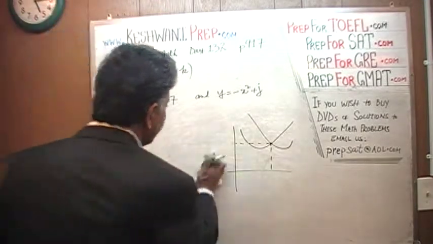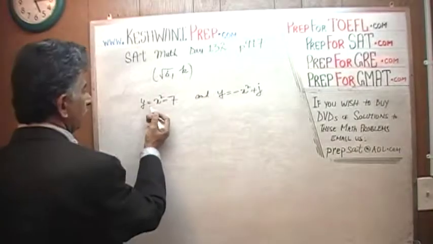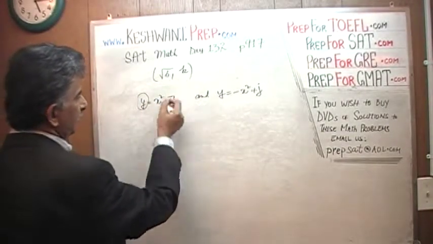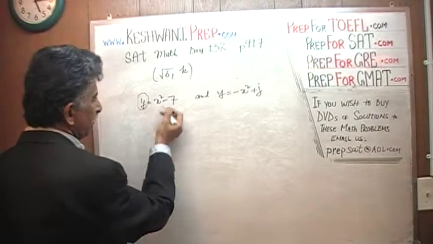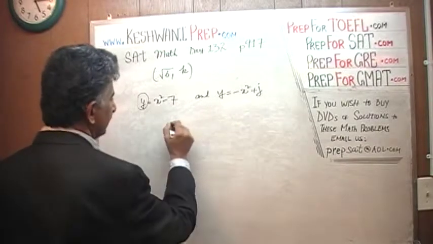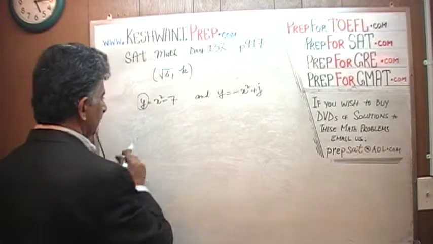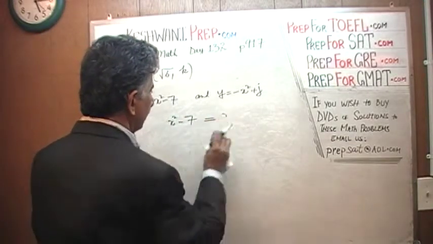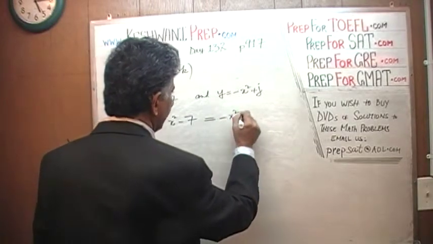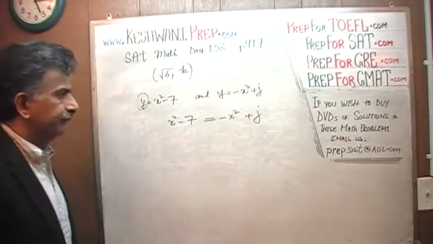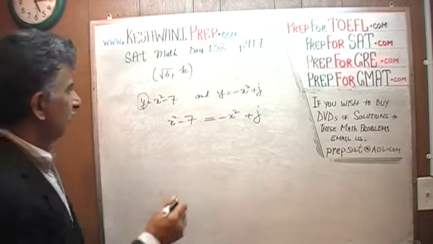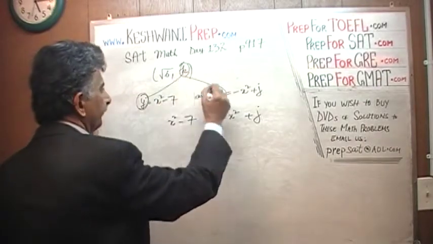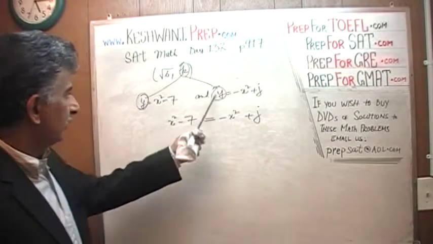Whatever the value of y is for this one, it is the same as the value of y here, which means x squared minus 7 must equal negative x squared plus j, because this value of y is k. Y equals k here, y equals k there.